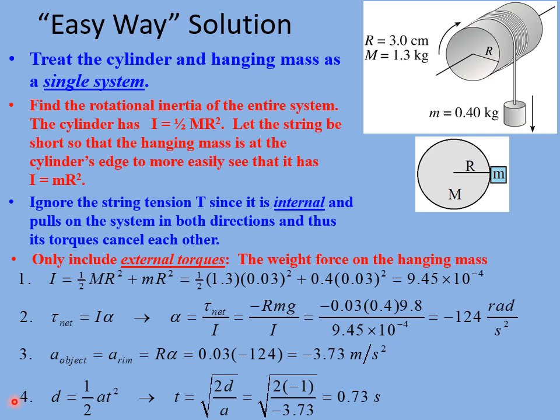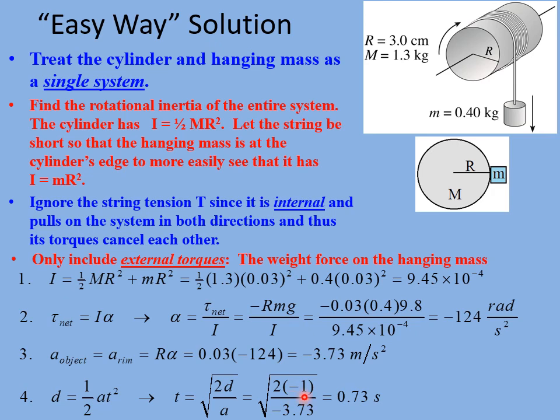And then the final step here is to figure out the time for it to go 1 meter. So here we're going to use, remember the distance formula for an object that starts at rest. The distance that something moves is 1/2 at squared. So solving for t, I get the square root of 2d over a, and I can plug in my numbers.